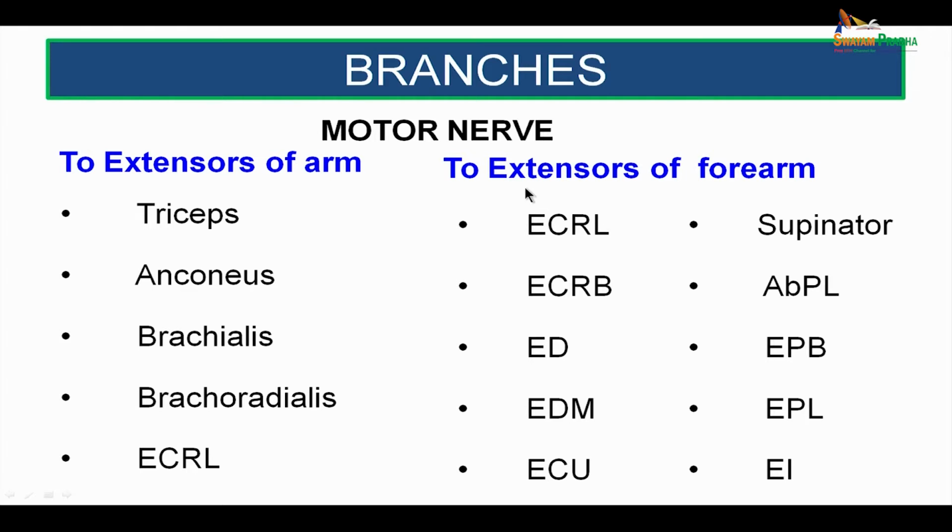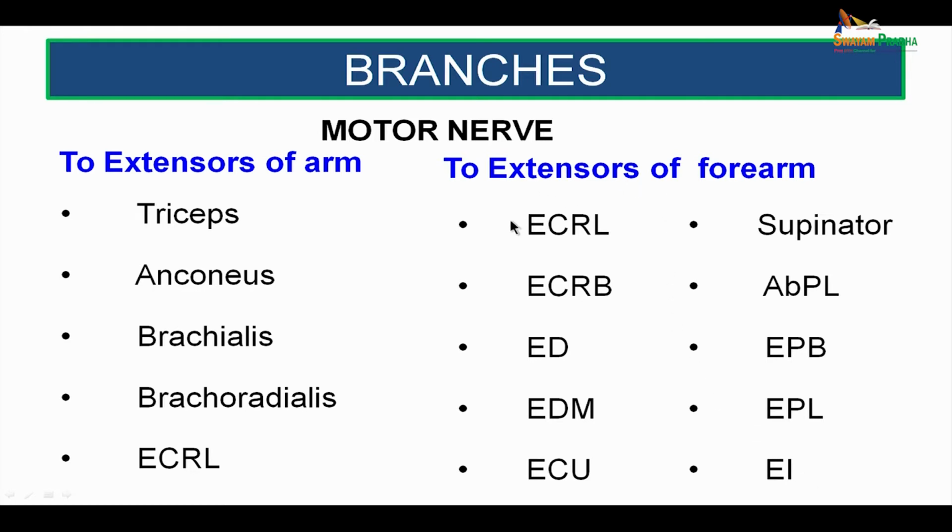And it also supplies the extensors of the forearm, that is the supinator, extensor carpi radialis brevis, abductor pollicis longus, extensor digiti minimi, extensor digitorum, extensor pollicis brevis, extensor pollicis longus, extensor carpi ulnaris and extensor indicis.